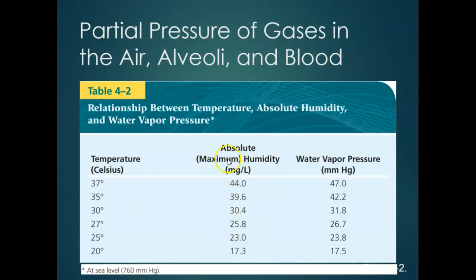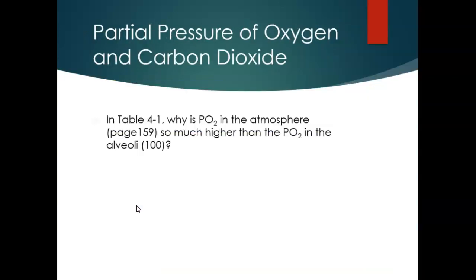So this chart here is just the relationship between temperature, humidity, and water vapor pressure. This is important because water vapor is water molecules, a gaseous state of water. That water vapor is going to factor into the total partial pressure of that mixture because it's part of that gas mixture.